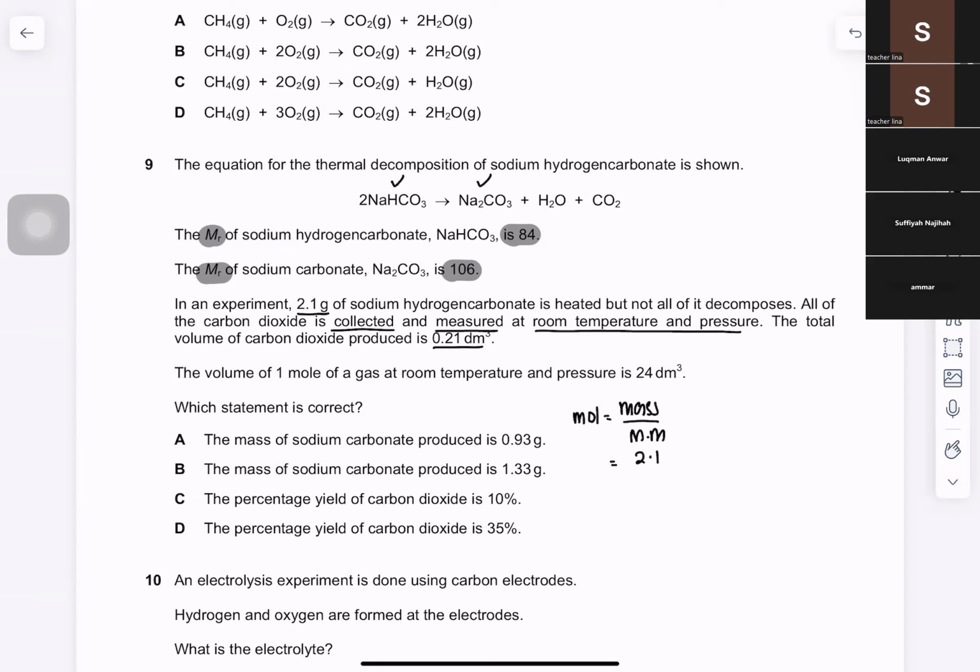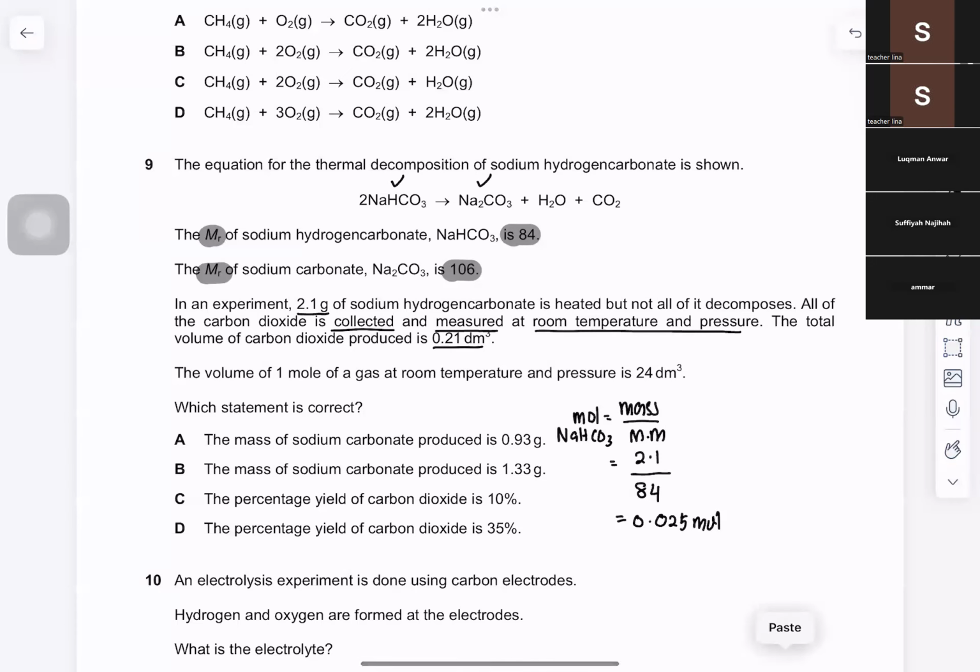So 2.1 ni mole sodium hydrogen carbonate, 2.1 I divide by 84. So berapa dapat? 0.025. Okay, settle lah.